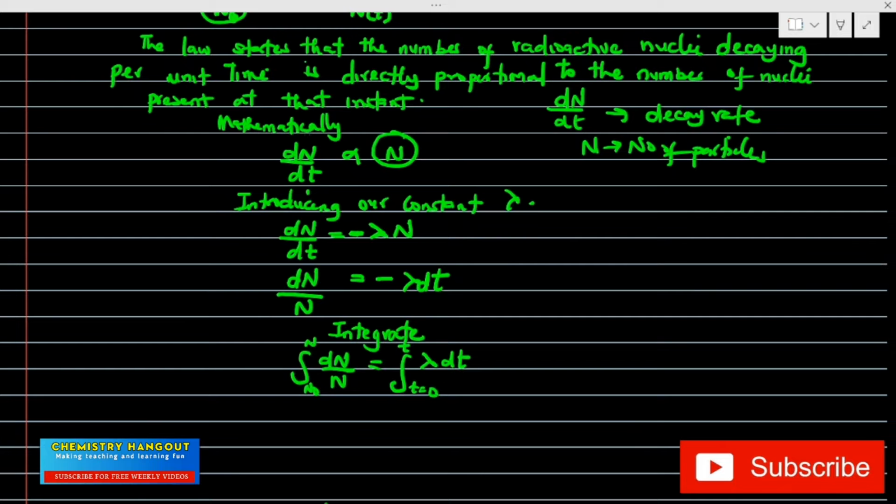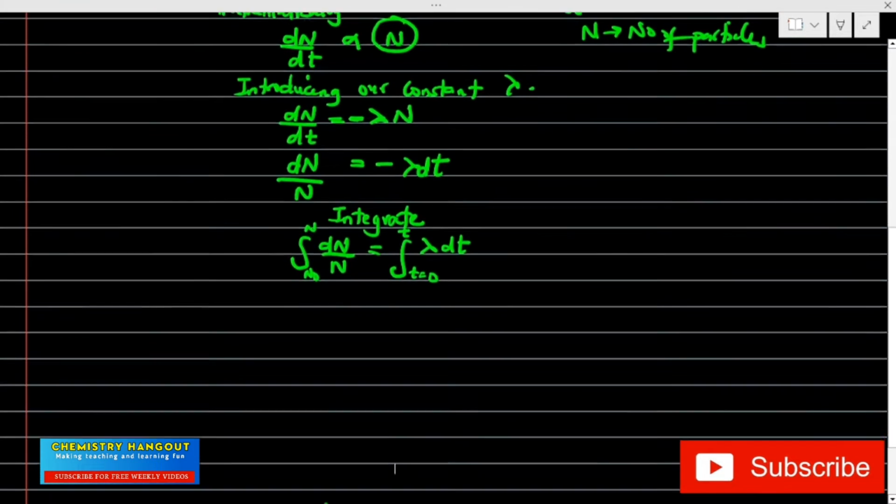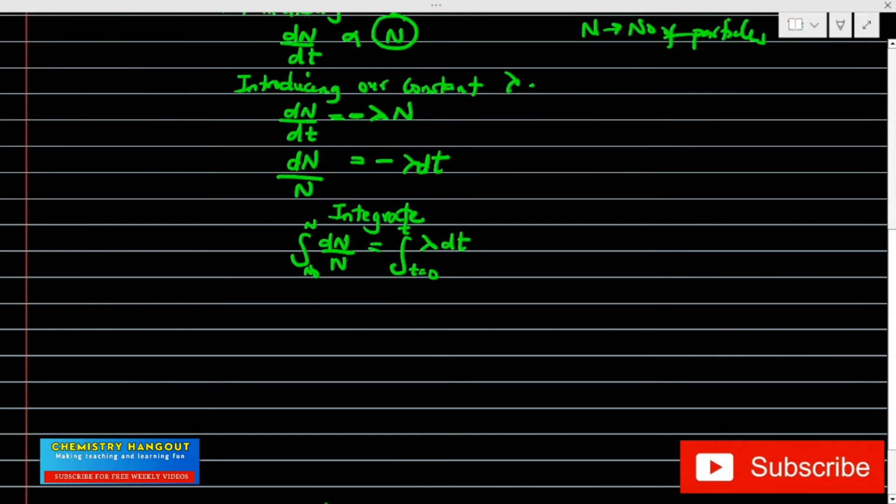I want to believe this is very clear. So from here, what do we have? To take the integral of this side, we are going to have that ln of N over N naught, don't forget that's the limit, N over N naught is equal to exponential minus... you know, for this very particular integral, this minus is still here.